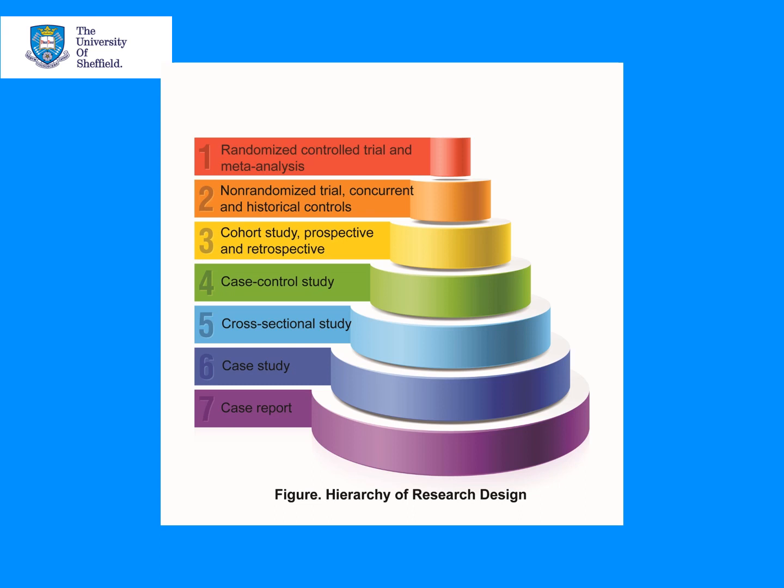But if we're talking about establishing the effects of a drug, for example, then obviously an isolated case report is regarded as being low quality evidence, but a randomized controlled trial, particularly a number of randomized controlled trials accommodated within a meta-analysis, is regarded as being high quality evidence.